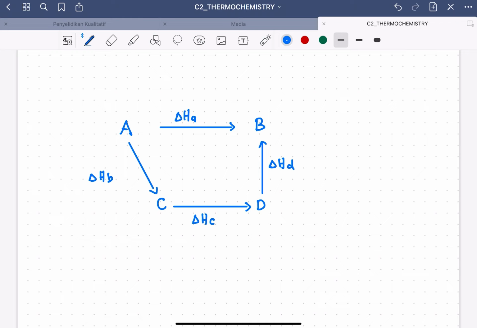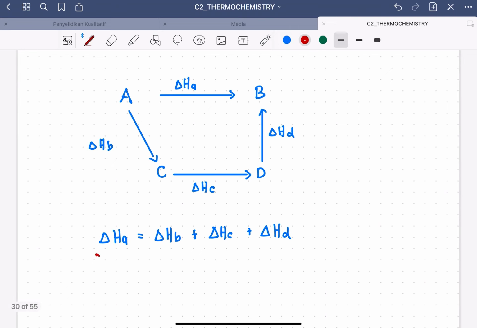It is said that delta HA is equivalent to the sum of delta HB, delta HC and delta HD. So this is what is meant by Hess's law.